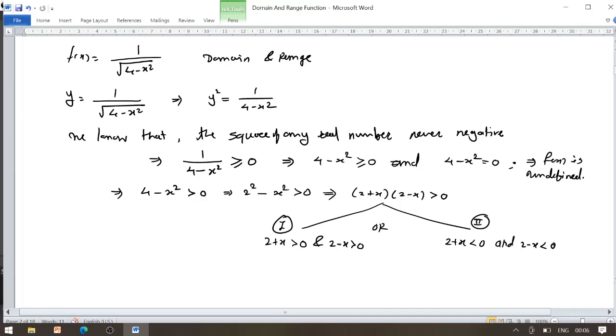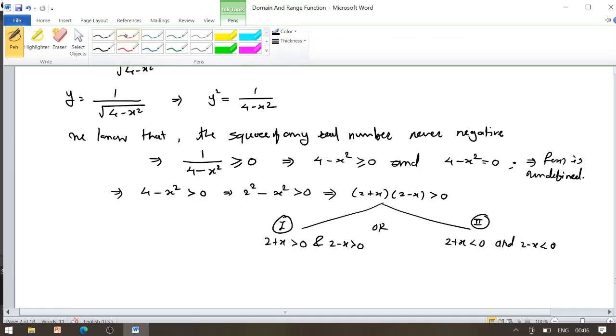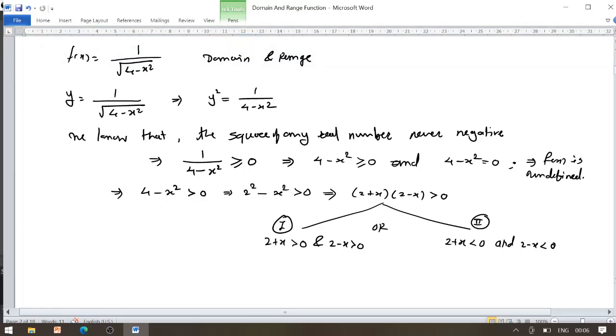After simplifying all those inequalities, we get the condition on x. After shifting 2, we get x is strictly greater than minus 2, and 2 is strictly greater than x, that is, x is strictly less than 2. For that, now we consider the real number line, consider 2 somewhere on it, and to the left of it we have minus 2.